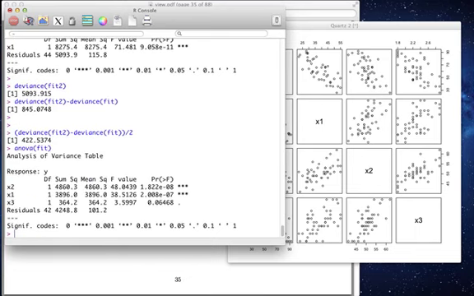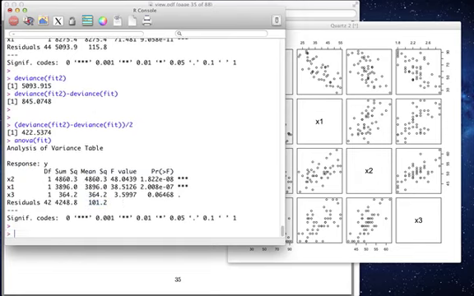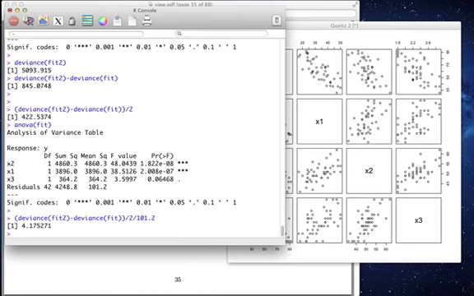Now let's go back and look at the fit. This is going to be the denominator, 101.2. So let's add that to this. If I divide this by 101.2, this is an F statistic.